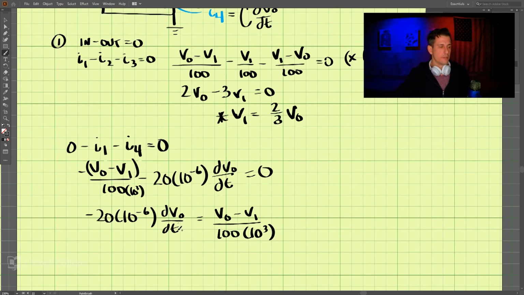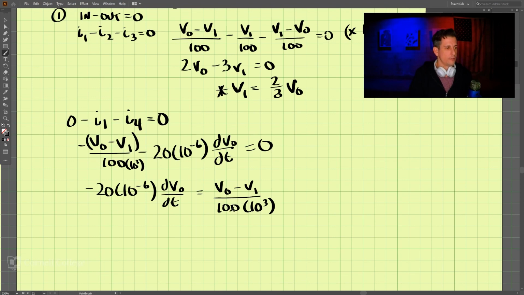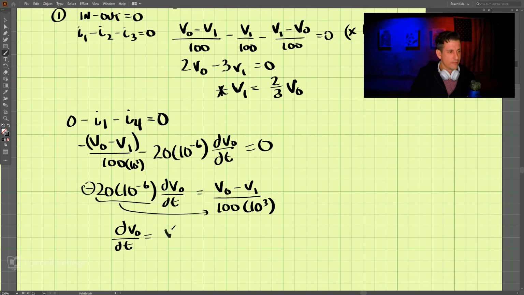And then let's move this value over to this side. So we have dV naught/dt is equal, and then we'll move the negative sign as well over to that side. That is equal to V1 minus V naught, because of the negative sign, divided by 2.